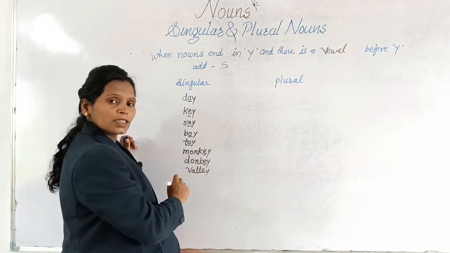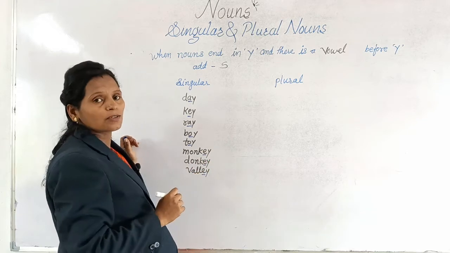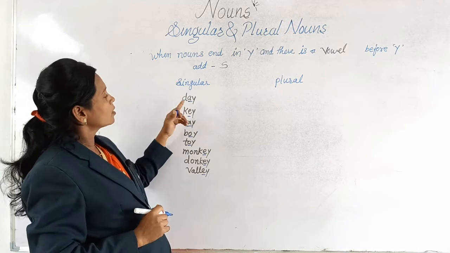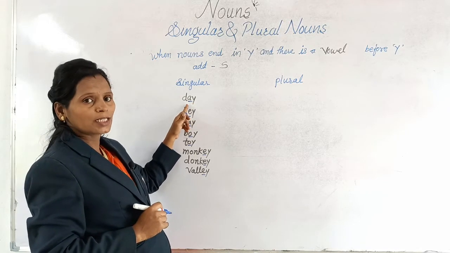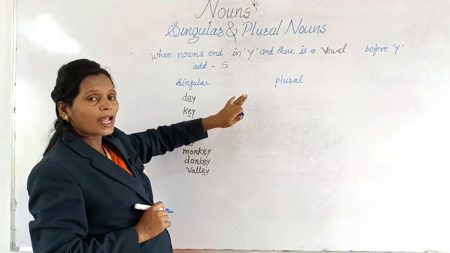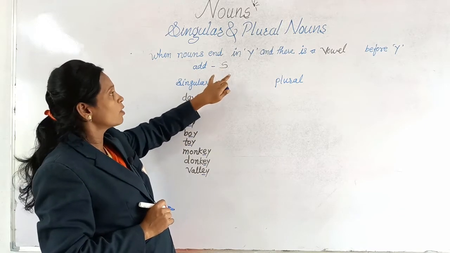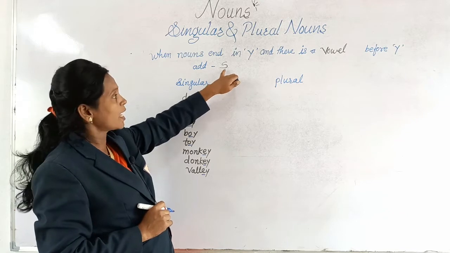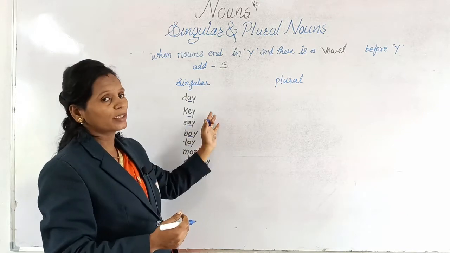These are the words where a vowel comes before the Y. So that's why we have to add S at the end of the words to make them plural.